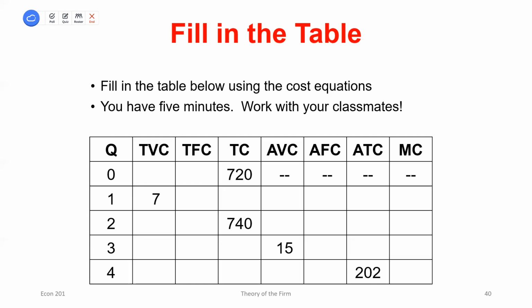That's why they have those dashes. First one, 720 over 1 is 720. And we would do 720 over 2. So what? 360. Yeah. And then we would just continue to fill that entire column out using that process. So we would then have our total variable, our total fixed, and our average fixed cost.